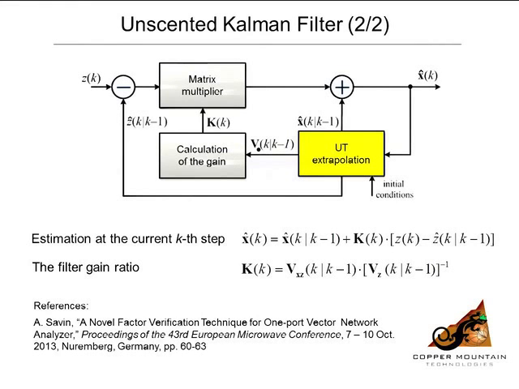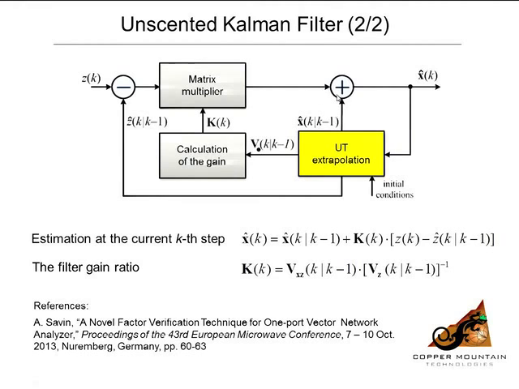And here's the overall unscented Kalman filter in a block diagram format. And here we see our familiar friend now, the unscented transform. It's actually an unscented transform extrapolation in this scenario. So with each iteration of the algorithm, an observation is fed in here at z, and it's compared to the predicted observation based on our estimates of the state variable.